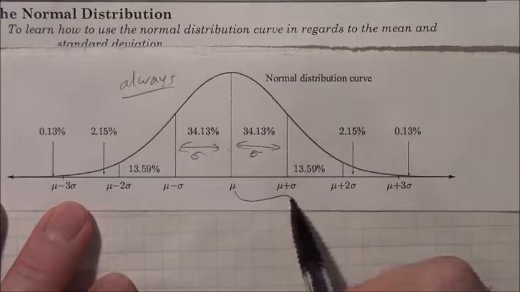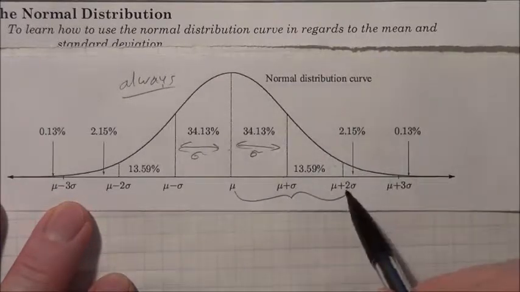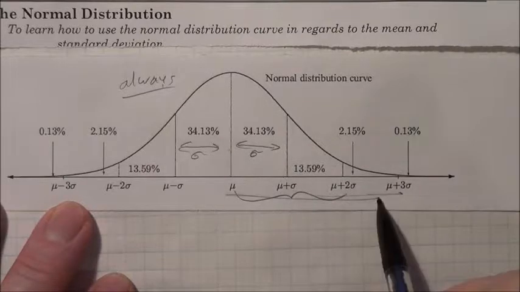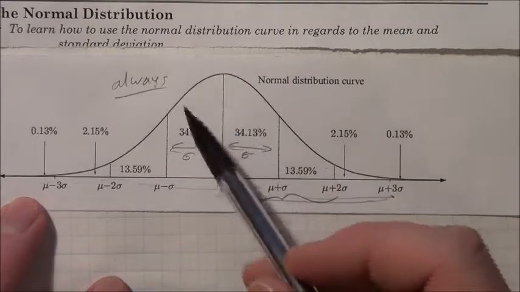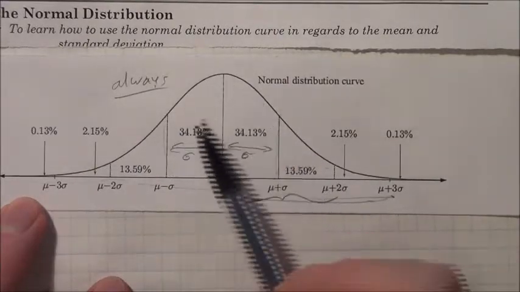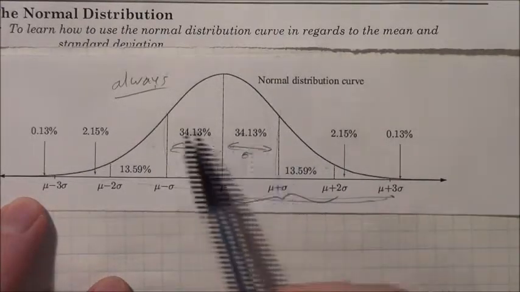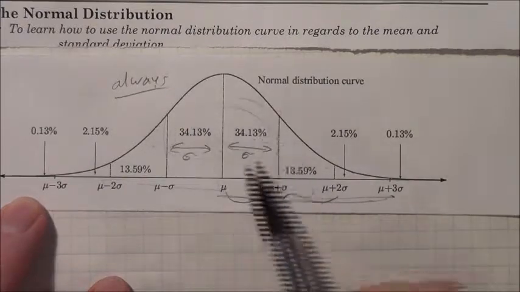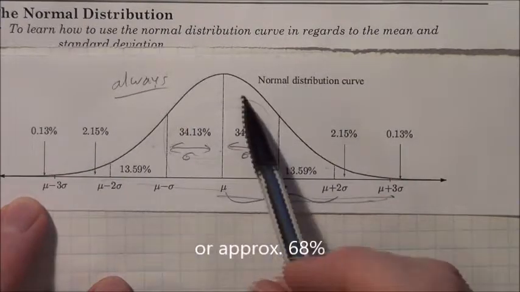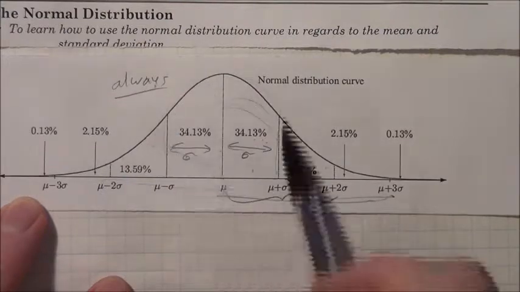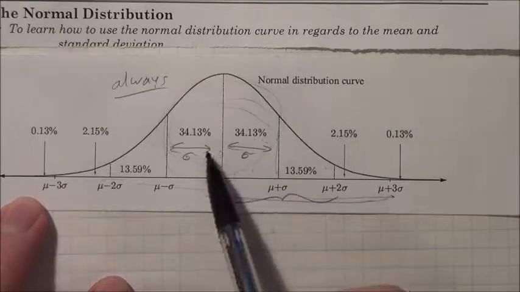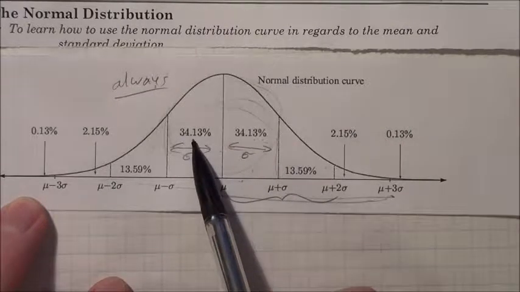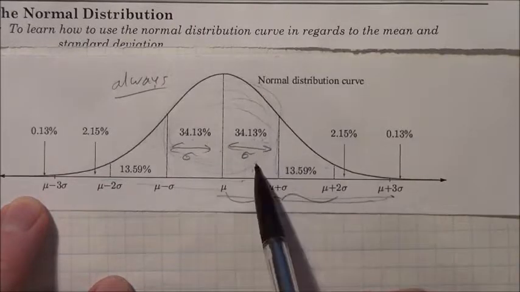Here is 2 standard deviations away, here's 3 standard deviations away, etc. And it goes on the other side as well. So within 1 standard deviation of the mean on either side is a total of 68.26% of all the data. That's what we'd call average. This is where the big clump of data is, which means that 68.26% of the area is under here as well.